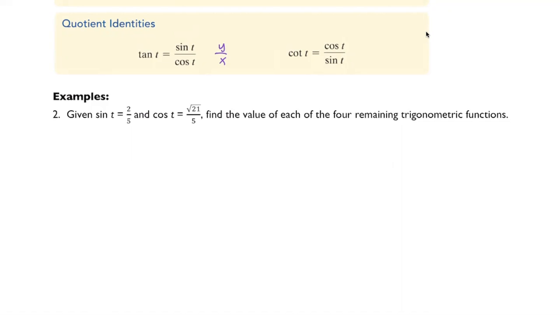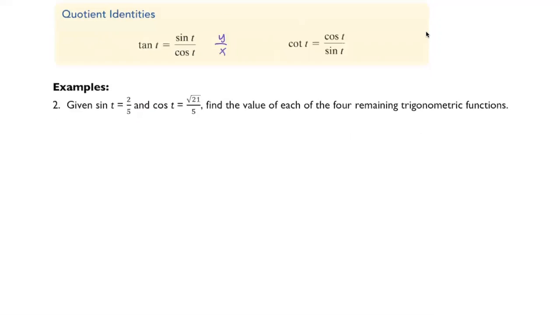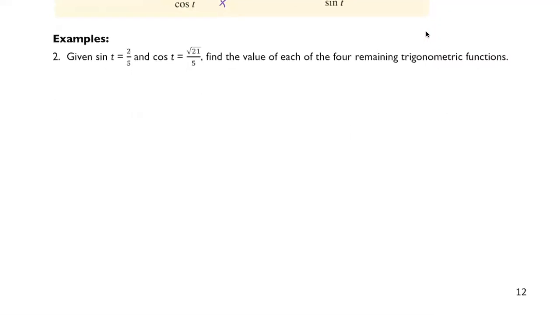So we can use each of those identities to find all 6 trig functions with very limited information. So for example, on number 2, they give us the sine of t is equal to 2 over 5, and the cosine of t is equal to the square root of 21 over 5. So to start, let's set up our 6 trig functions. So the sine of t is equal to 2 over 5. We already know that.